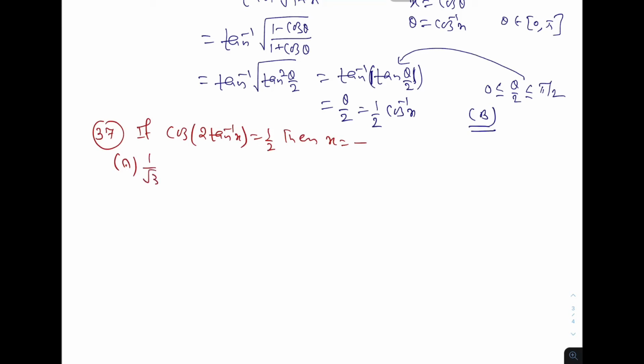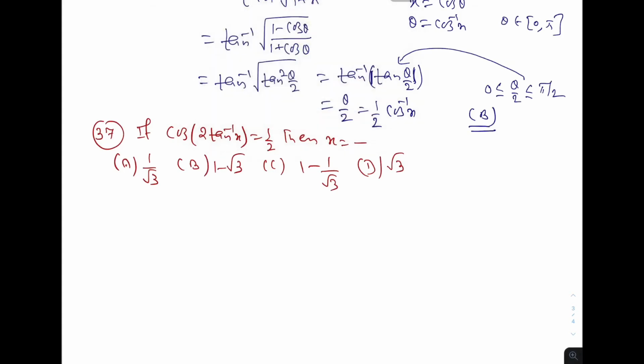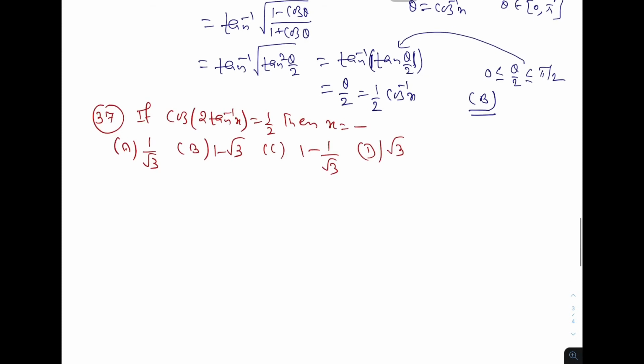Options are 1 over root 3, 1 minus root 3, 1 minus 1 over root 3, and root 3. So cosine of 2 tan inverse x.